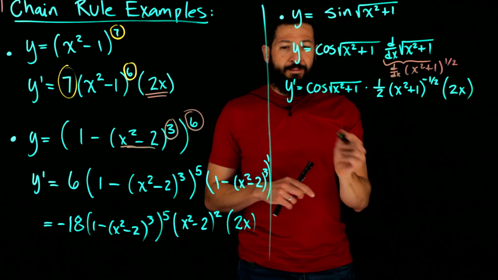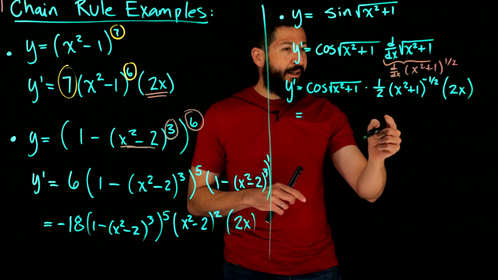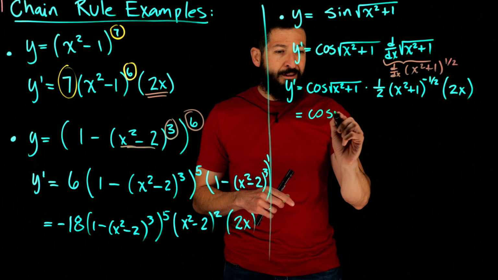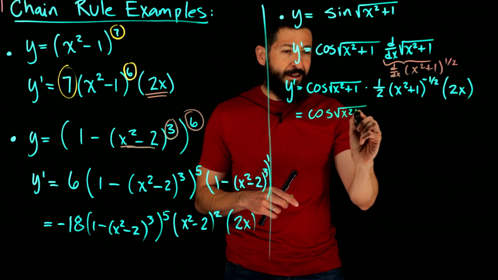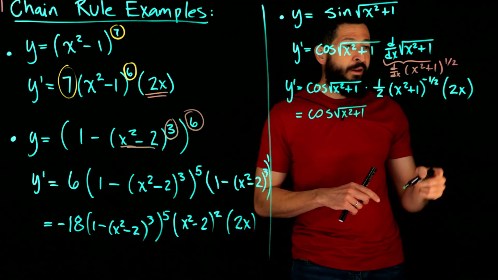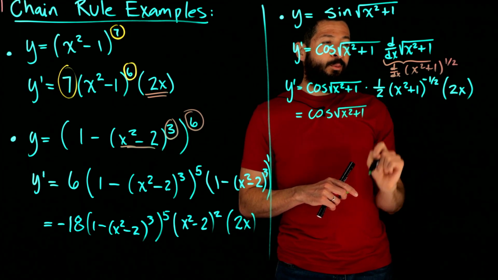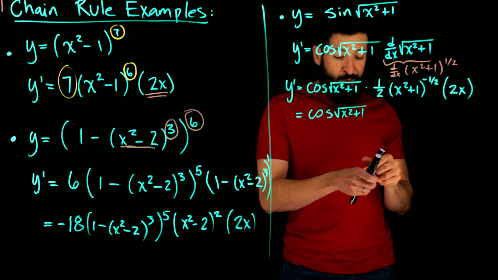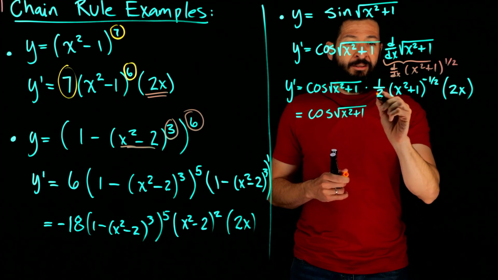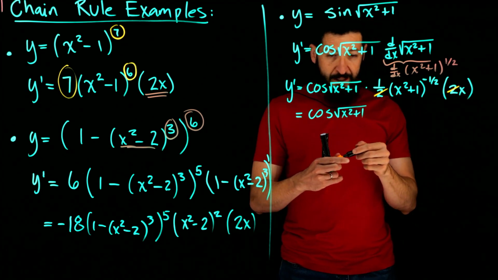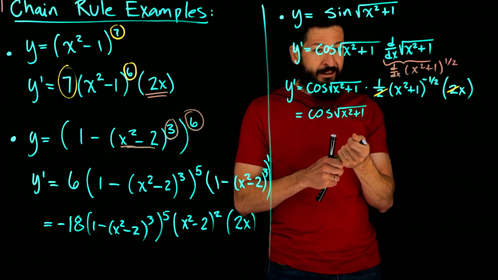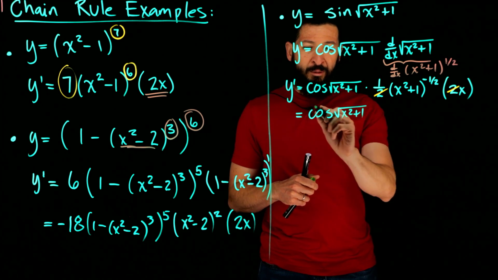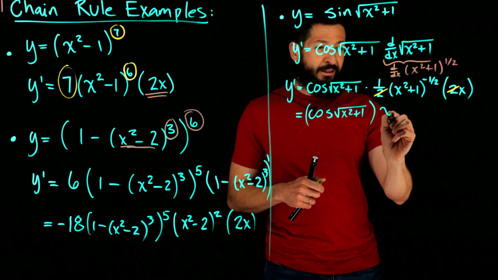So just like that, we get that this is going to be the cosine of x squared plus 1. And now you're going to have the 2 that multiplies 1/2. Every term is being multiplied, so you can cancel. And you're going to have then here an x, and I'm going to put it in parentheses so I separate it out.